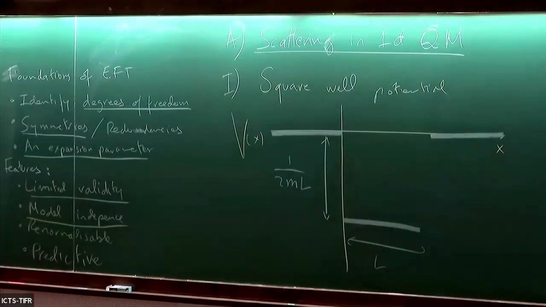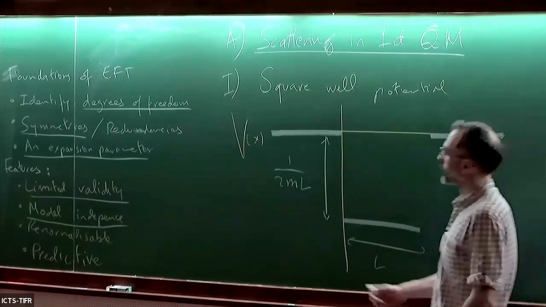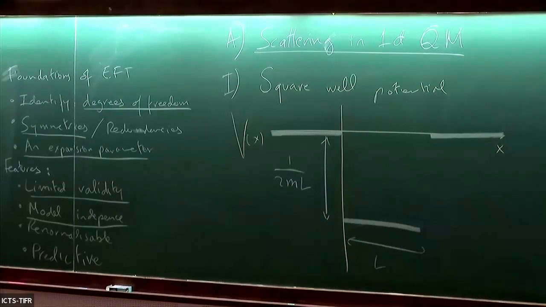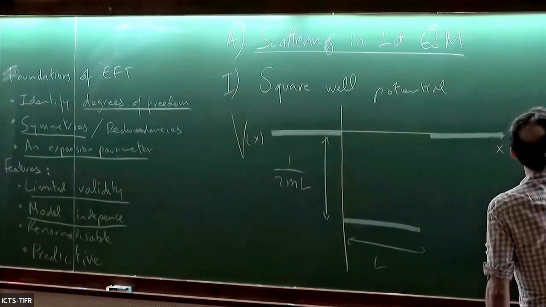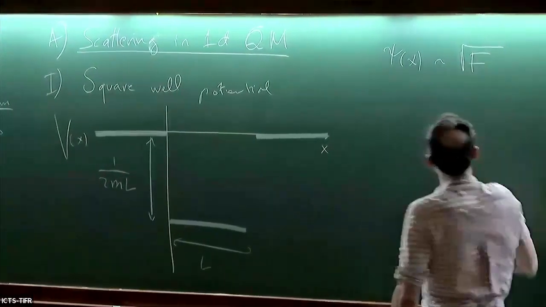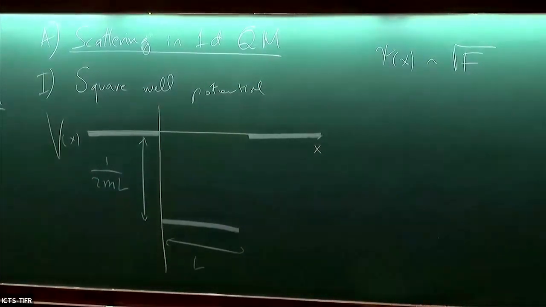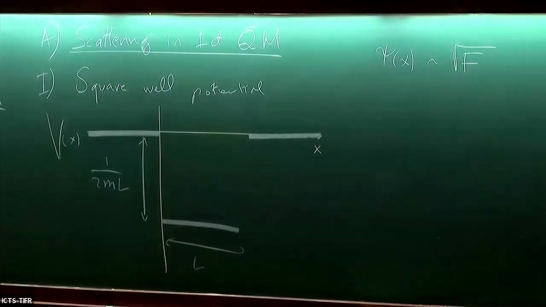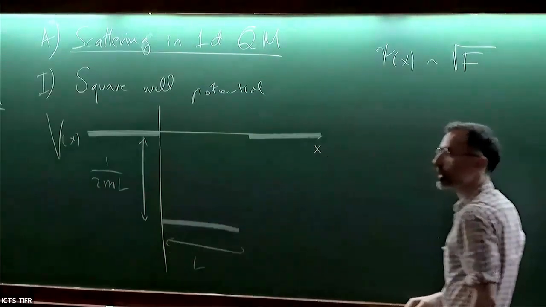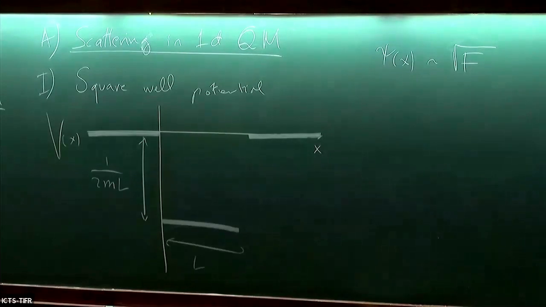If that's the case, now we have to specify our initial state. So we're going to send a particle coming from minus infinity to encounter that well. You can think of that as a wave function proportional to the square root of the flux, as to how many particles are coming in. If you're thinking of a single particle, what is the fraction of the particle flowing through a given position in space?